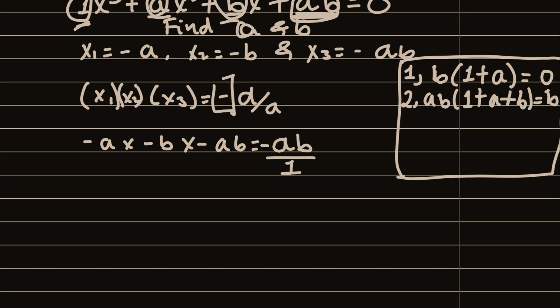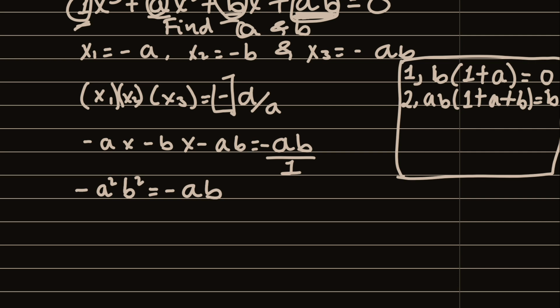So it will be minus a times b times ab means a square times b square, equals to minus ab. So this is our third formula, but we can further simplify it.